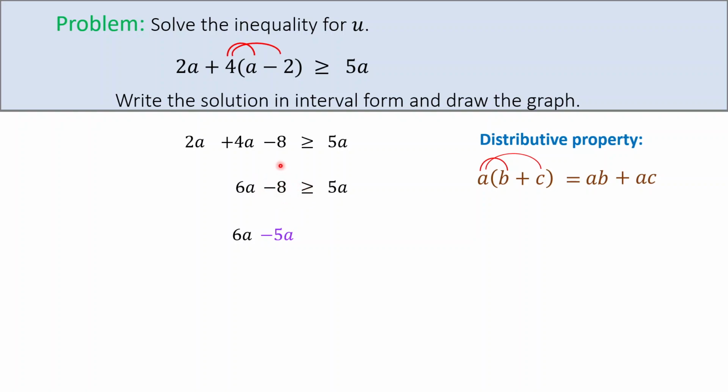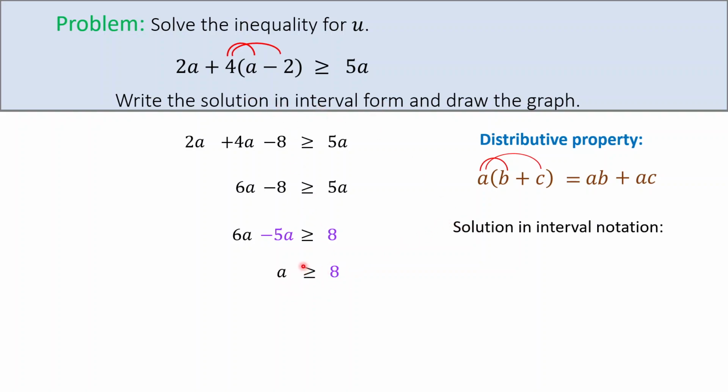Now you need to move negative 8 to the right hand side, and you get positive 8. 6a minus 5a is a, greater than or equal to 8. This is the solution. Now we need to write this in interval form.